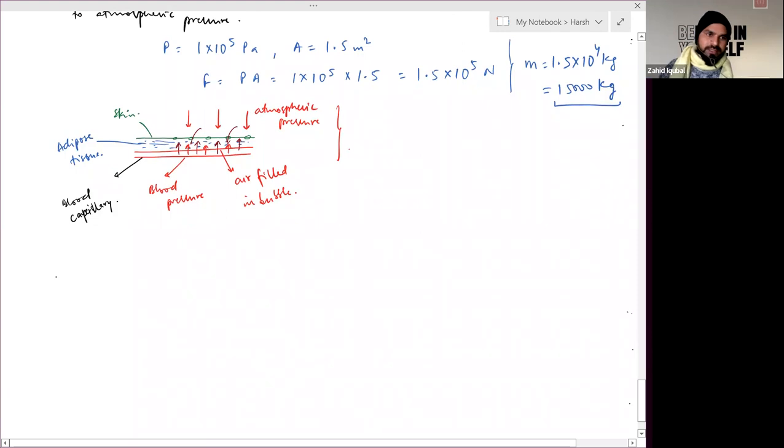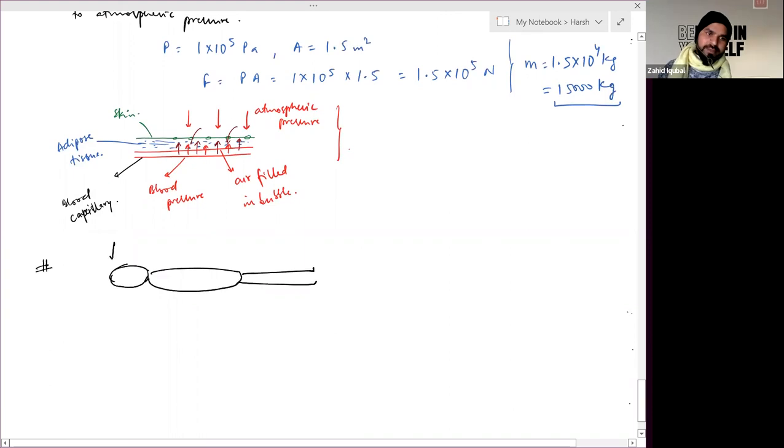Now there will be some other question. What will be the pressure on our different body parts in lying position and in vertical position? Suppose there is an individual lying down on a surface.